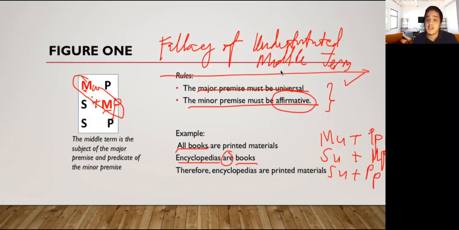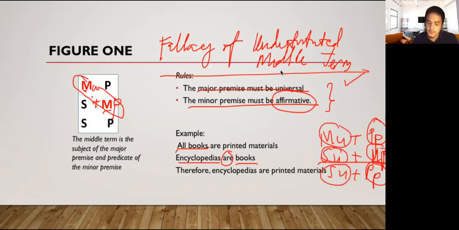Okay, let's check the consistency and the validity of the terms. We have PP and then PP, consistent. SU, consistent. MU, and then MP.